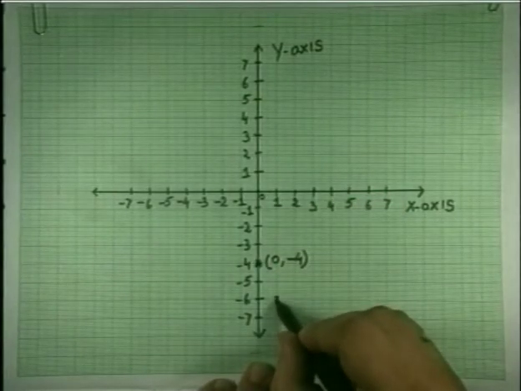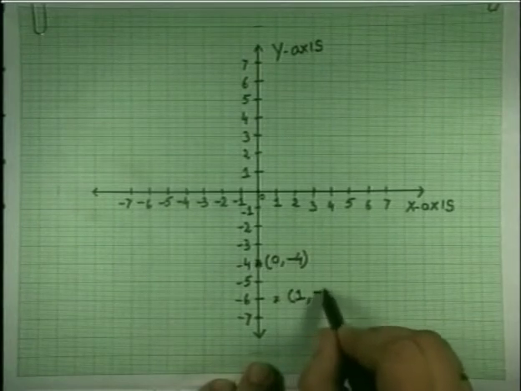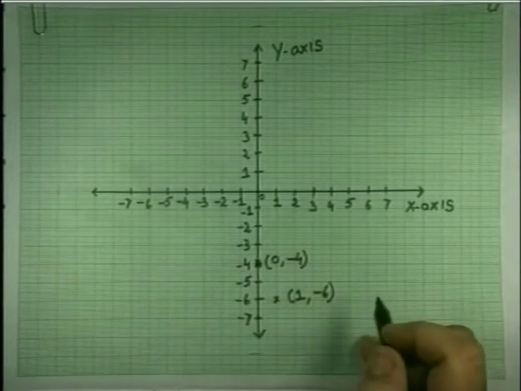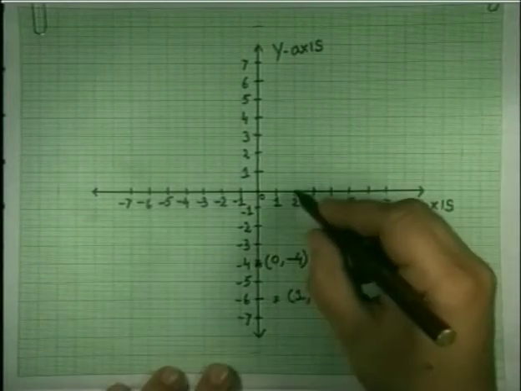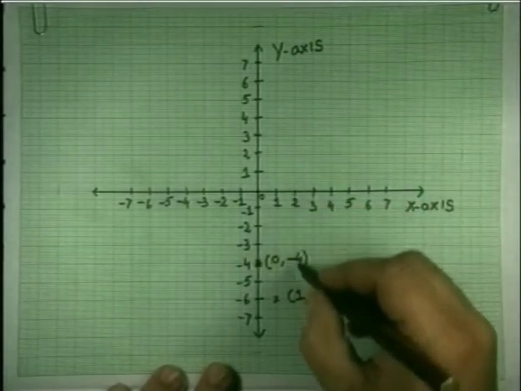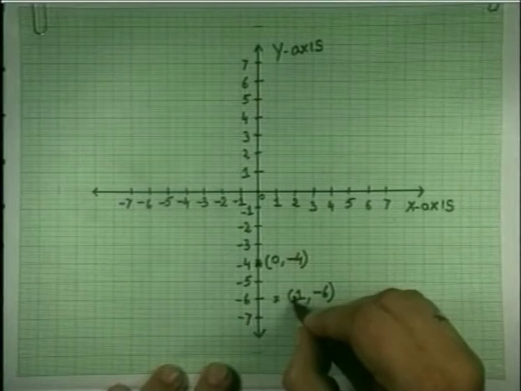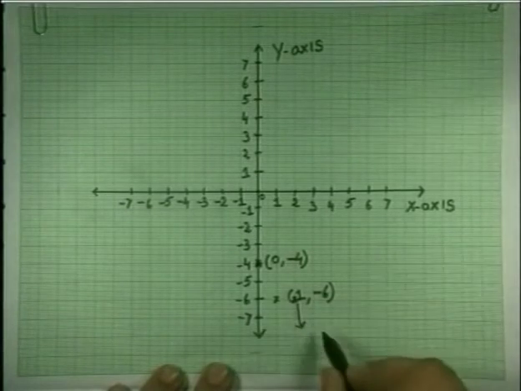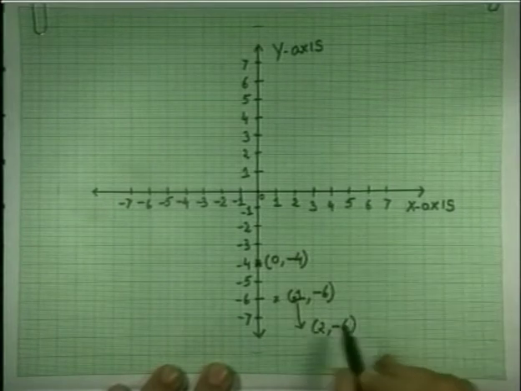So this is the point 1, minus 6. Third 2, again minus 6. So this is the point 2, minus 6.